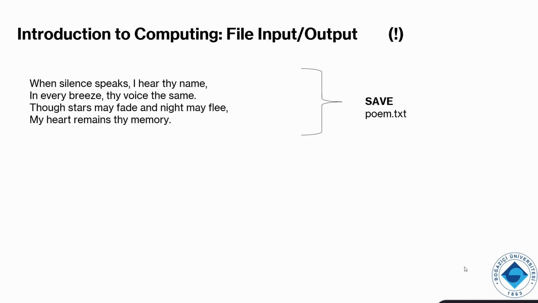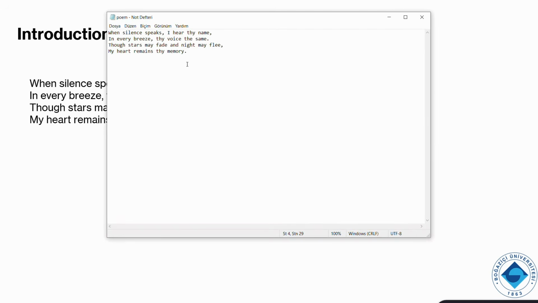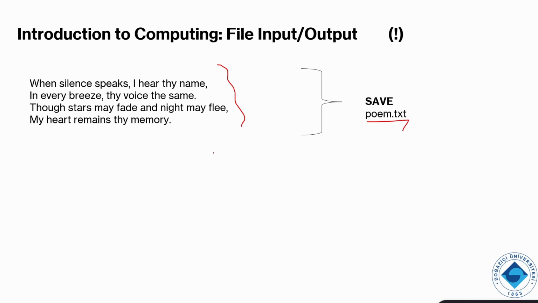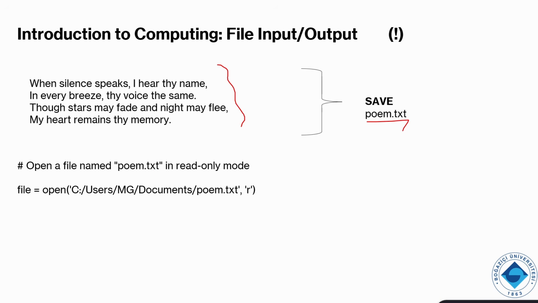Before starting our example, I would like to ask you to open a txt file. It is poem.txt, and copy and paste these lines, as you can see, and save it. Then we are going to open this txt file by using the open command and your path address.